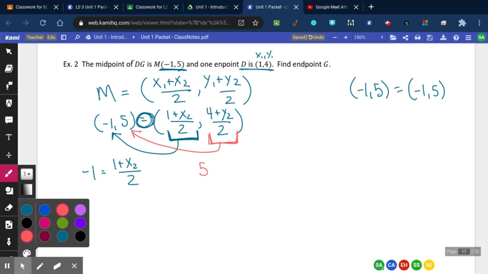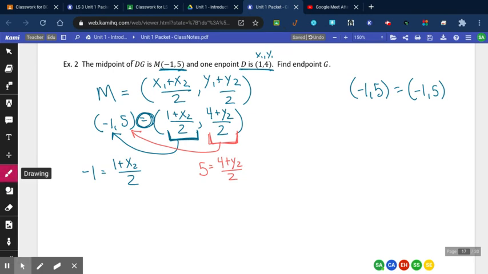So I have 5 equals 4 plus y2 over 2. Okay. So now don't let the subscripts on your letters freak you out, right? It's basically just like solving an equation now, right? I'm going to multiply the 2 to the left, so I have -2 equals 1 plus x2. I'm going to subtract that 1 away, so -3 equals x2.